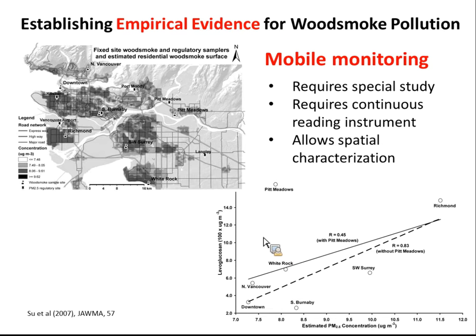And this is the estimated wood smoke concentration map for our region. At the same time they were doing that, they were also measuring this gold standard levoglucosan at some specific locations, and they compared the estimates that the map made of wood smoke with the levoglucosan estimates to see whether or not the wood smoke map was actually showing increased wood smoke. And indeed, there is a good, strong relationship there.